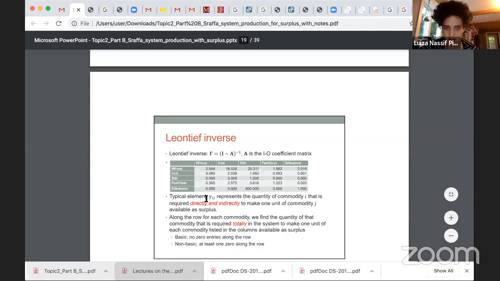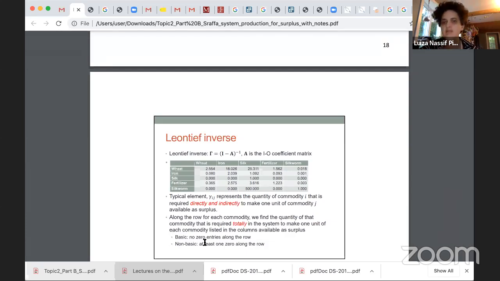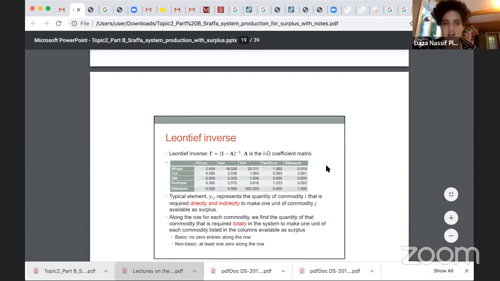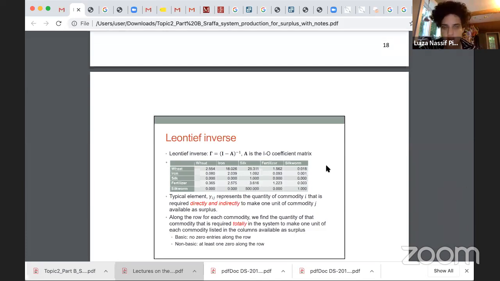So the backward linkages would be from the demand side. When you increase the demand for something by 1 unit, what are the things that come together with that? What are the backward linkages of increasing that demand? And the forward linkages: to be able to increase the demand for wheat by 1 unit, what is it that you need to be able to increase first to supply, so that you can increase the demand for wheat?